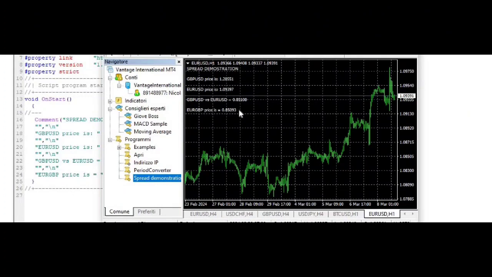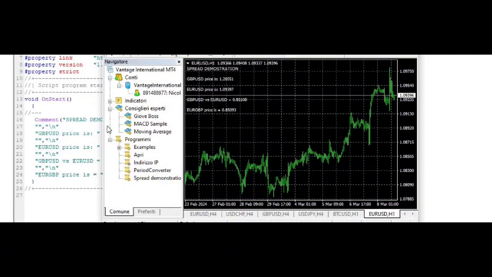We could say something like that to explain it, but as you can see, the prices are the same. We have this little difference that we have to keep in mind when trading, because it could maybe give you some issues if you are a scalper.